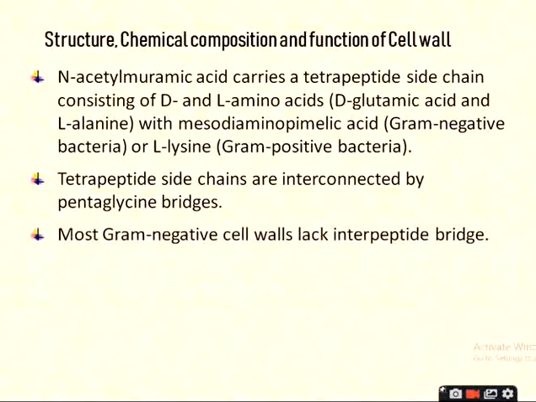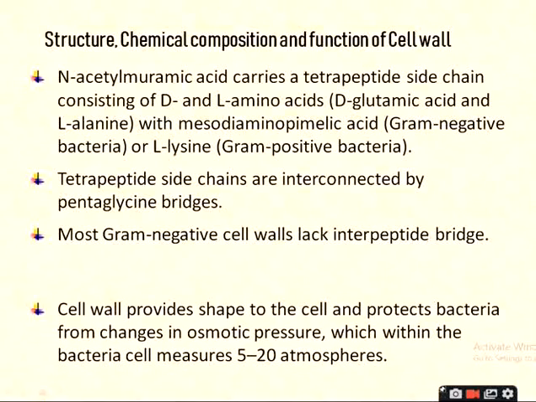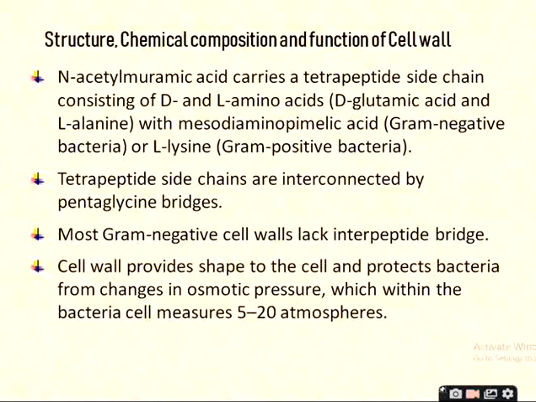Most gram negative cell walls lack the interpeptide bridge. The cell wall provides shape to the cell and protects bacteria from changes in osmotic pressure within the bacterial cell, which measures 5 to 20 atmospheres.